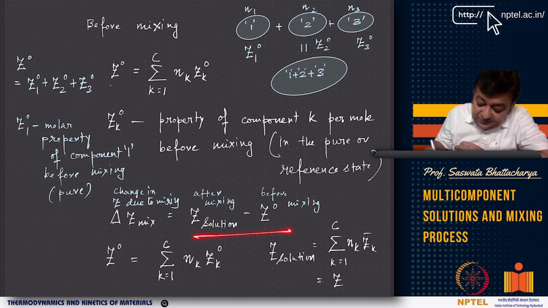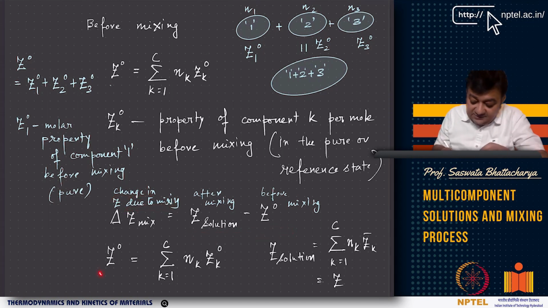So the difference between them is the change due to mixing, right? Now Z0 equals this sum of nk zk0, where zk0 is the molar property of the pure component k, and nk is the mole number of component k.